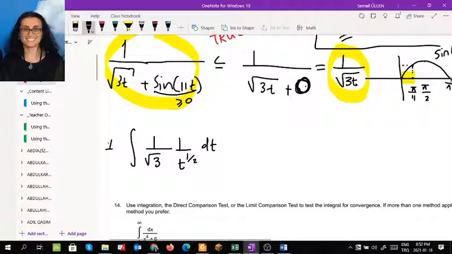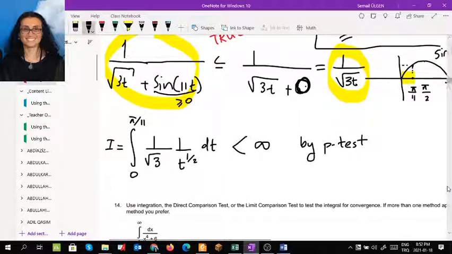Let's call it I, from 0 to pi over 11. This integral is actually finite by the p-test, because p is 1 over 2.